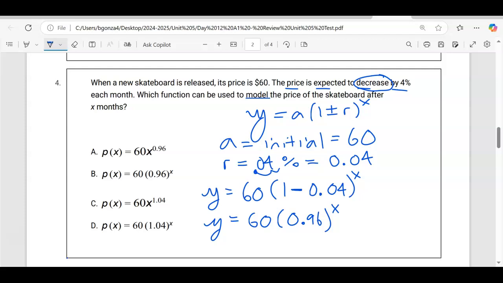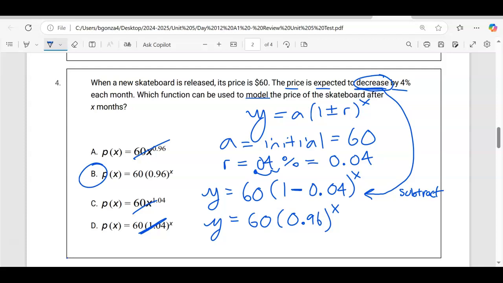Well, now I have an answer, right? This doesn't match because on these, x is not in the exponent. And then on this one, it looks like they added instead of subtracting. That's a big distractor. It's not D, it's B because we are decreasing, not increasing. Decrease, subtract.